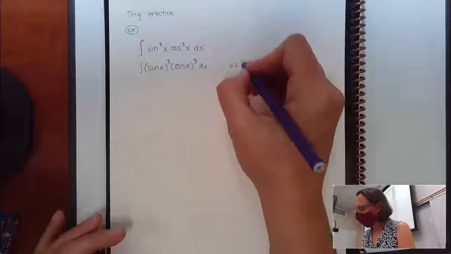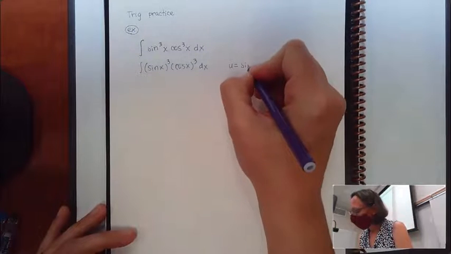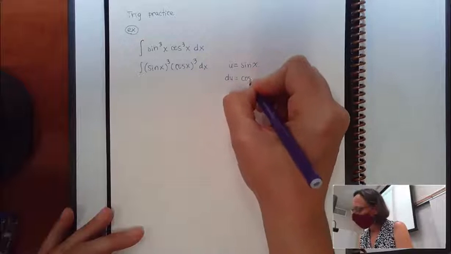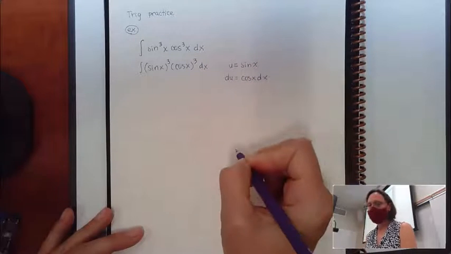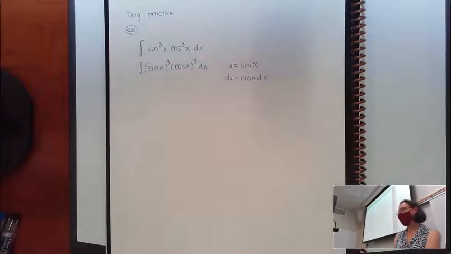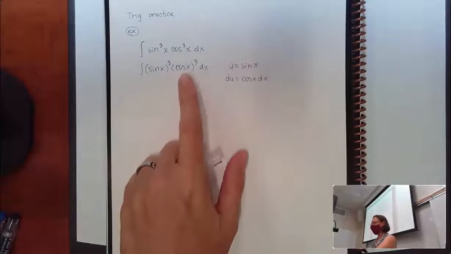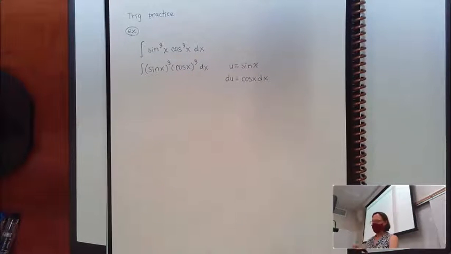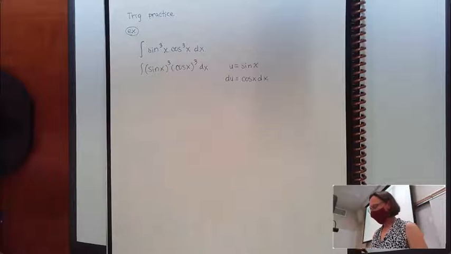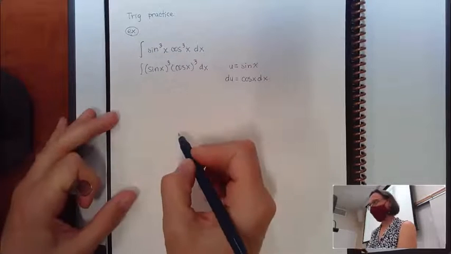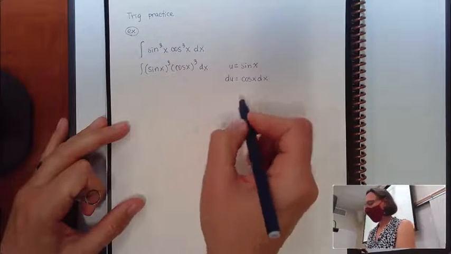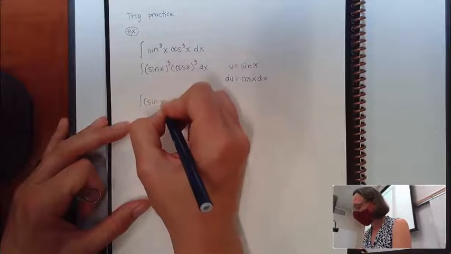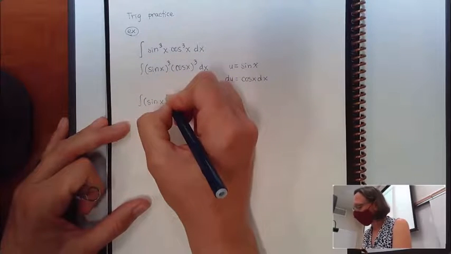So if I let u equal sine of x, then my du would be cosine of x dx. But there's a problem. I don't just have one cosine, I have three of them.